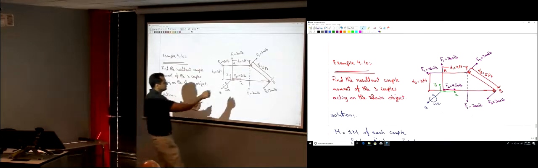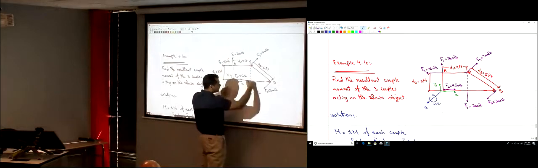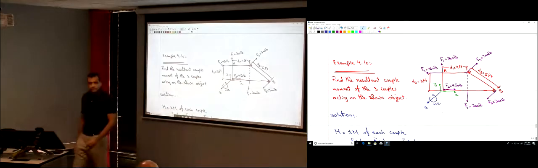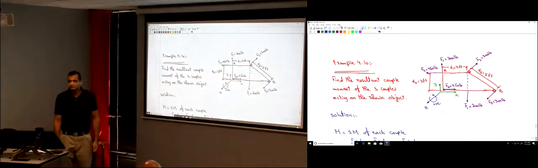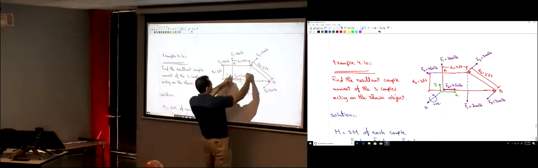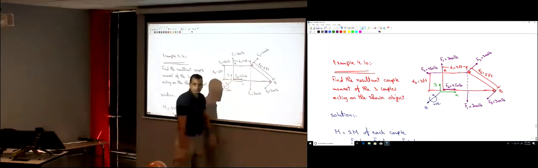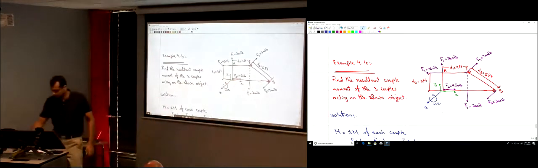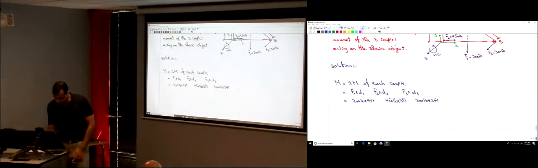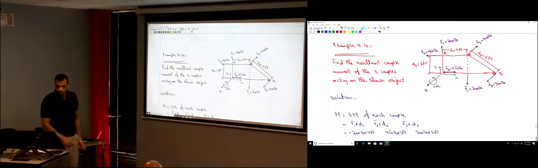So now, let's see each of those couples. F1. Is it rotating clockwise or counterclockwise? Clockwise, right? Imagine this object, you're rotating it clockwise. So it's negative. So this one here is negative. Let's see, F2.